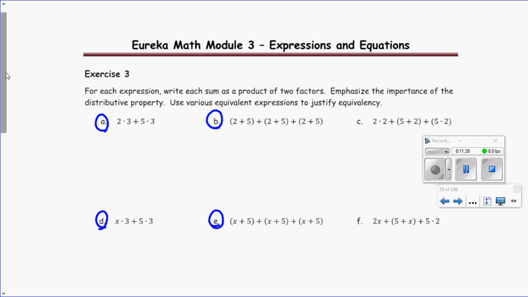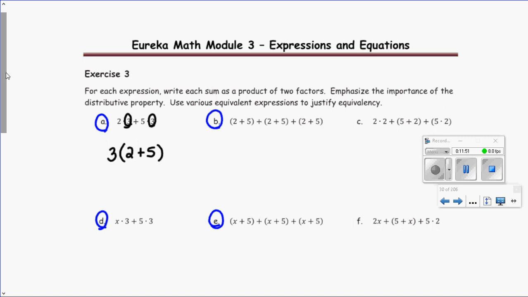Now this one, 2 times 3 plus 5 times 3, you don't have to write 6 plus 15. I know that you might want to solve it, but we're going to try to write it in distributive form. They're kind of giving you a hint and saying, all right, well, we know that 3 goes into this term and 3 goes into this term. So 3 is going to be our outside number, and then I'm simply left with 2 plus 5 in the middle.